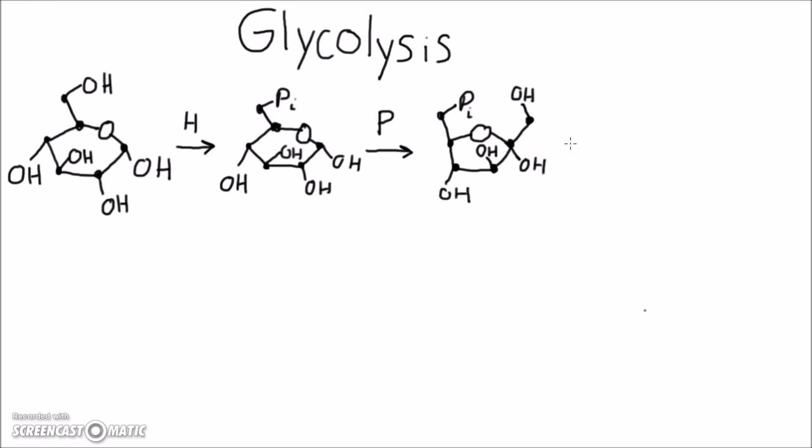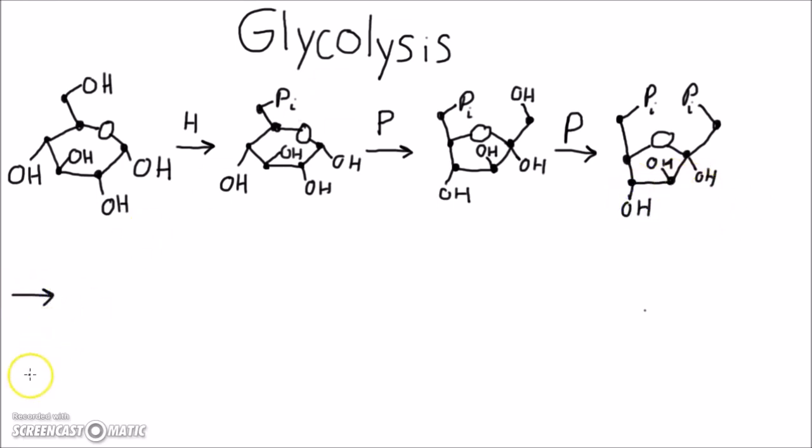And then you have phosphofructokinase 1. So it's taking that phosphofructose and it's going to be adding another phosphate group onto there. So we had that original phosphate, and then we're going to be adding another one. And then, of course, it still has all those OHs hanging off.